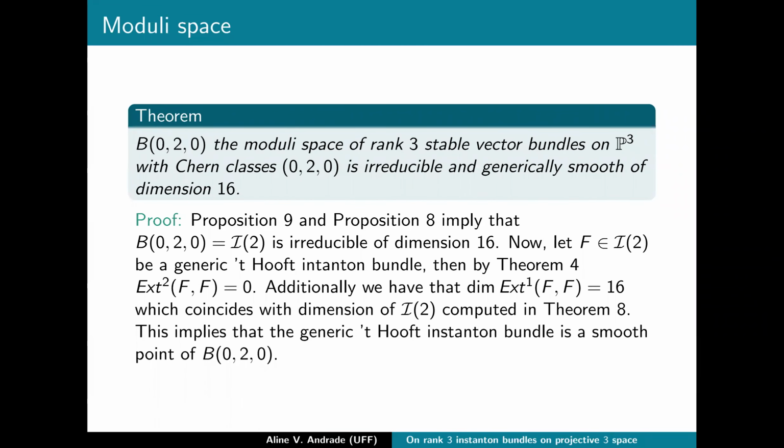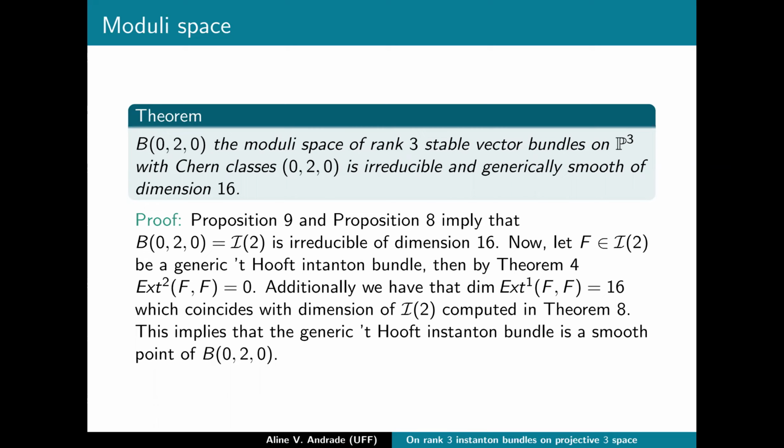By the previous proposition, we have that B(0,2,0) is in fact the family of the instantons of charge 2, and we also saw that this family is irreducible and of dimension 16.